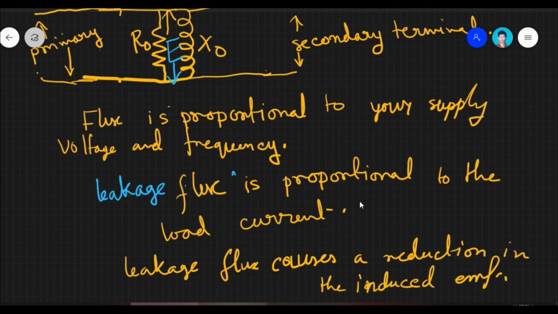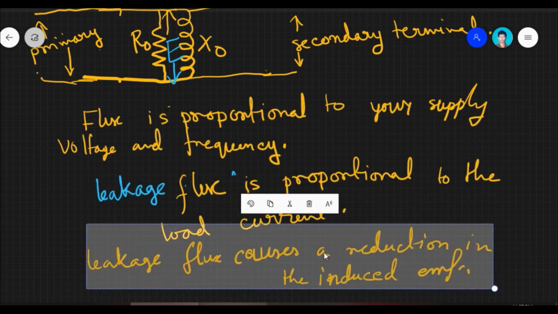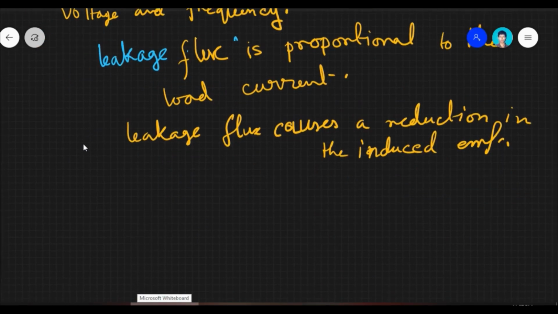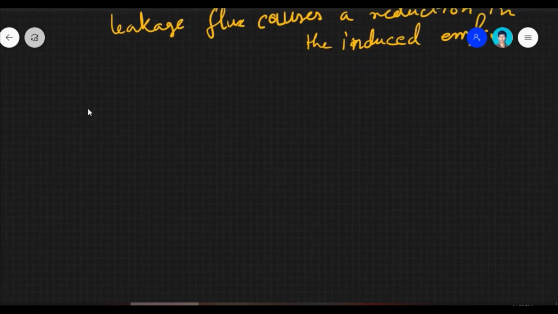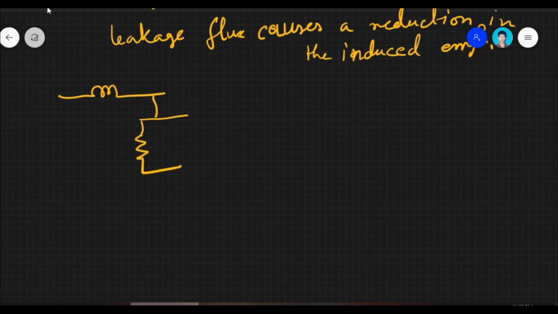So if that is the case, only when the secondary is loaded do we need to consider the leakage flux, and obviously we will place it in series with our previous equivalent circuit with no leakage flux.